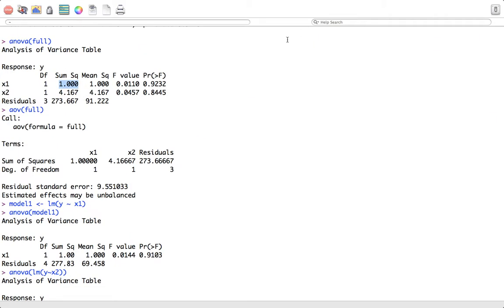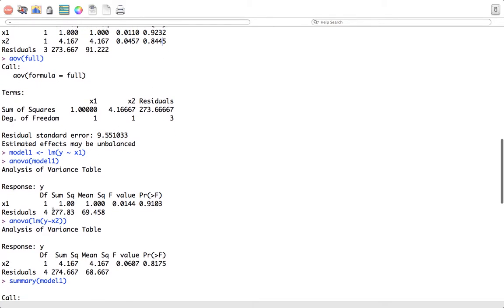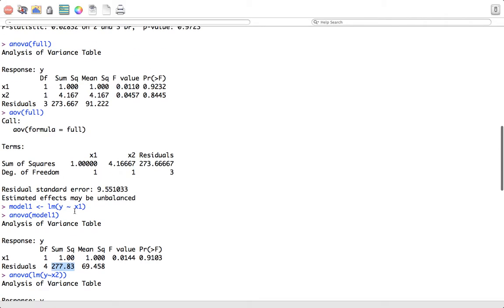All right, so the sum of squares error for x1 would be right here, 277.83. And the sum of squares there for the entire model, as we just saw, was 273.667.